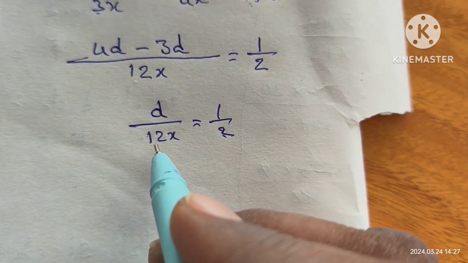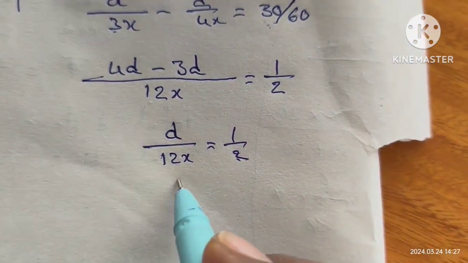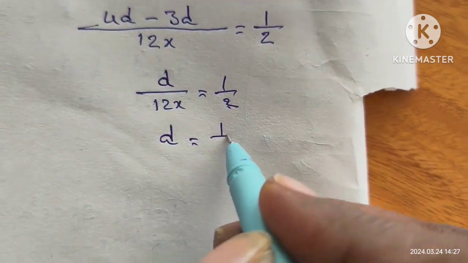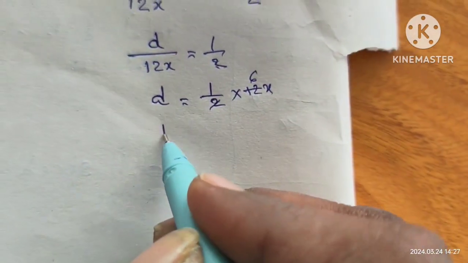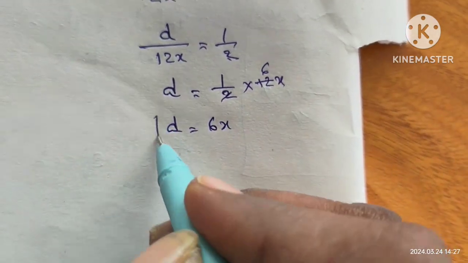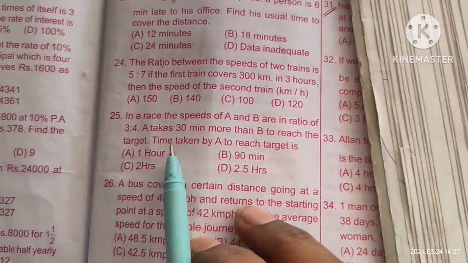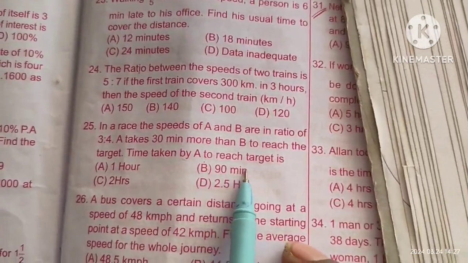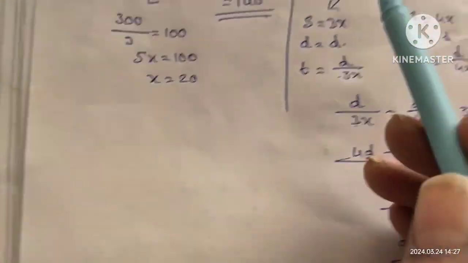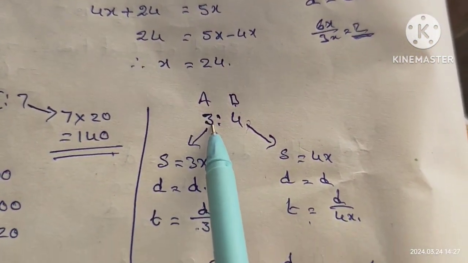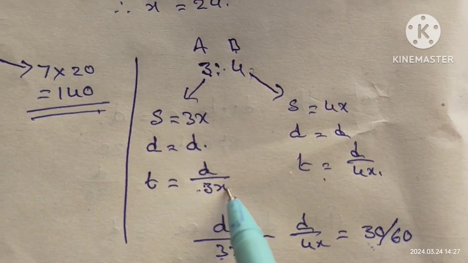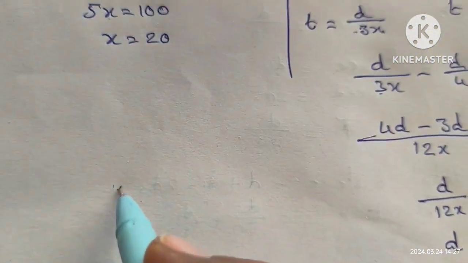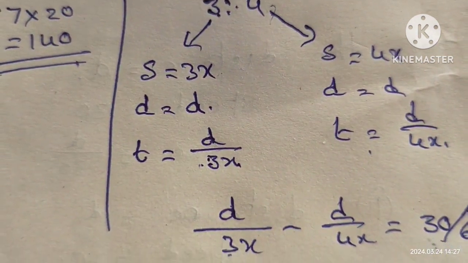Now transpose the 12x to that side. Then D equals 1 by 2 into 12x. 2 sixes are 12, so D equals 6x. That is it. Now they are asking the time taken by A to reach the target. So the time taken by A is equal to D by 3x.